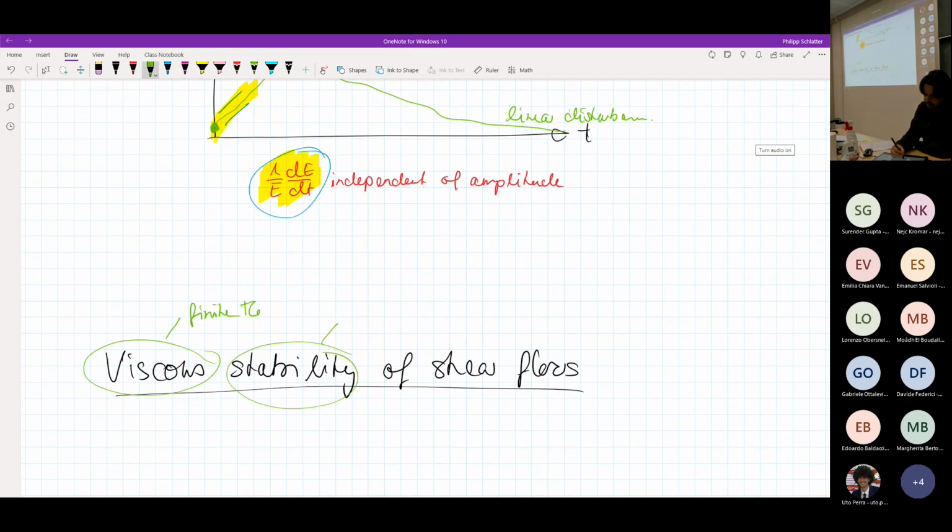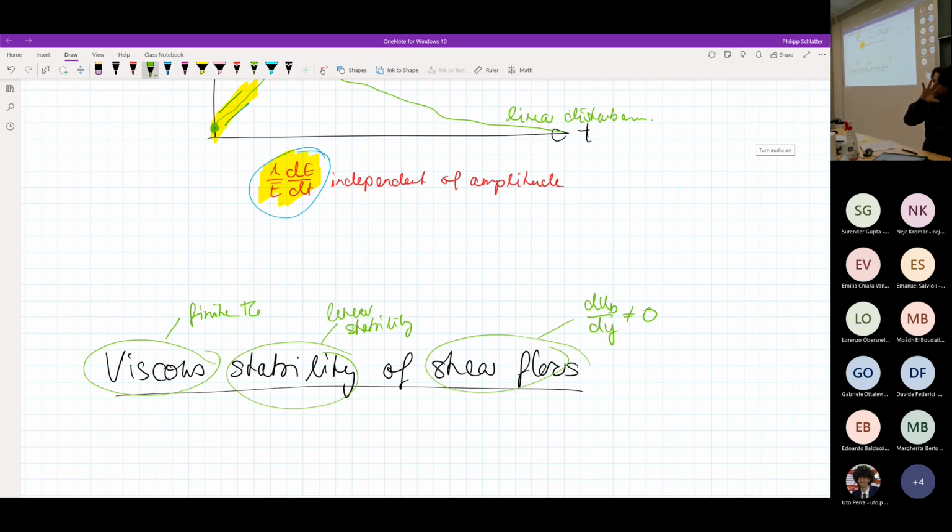Stability here means linear stability, so I will do a linearization, and shear flows here means that my base flow, so my dU/dy, let's say, would be non-zero. So that's the translation of the various terms here.